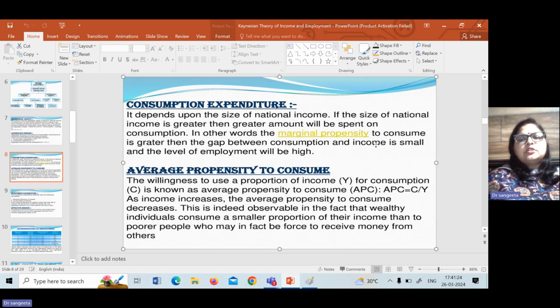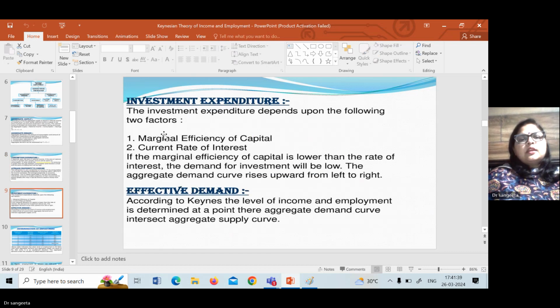In other words, consumers' propensity to consume and average propensity to consume. Here APC is average propensity to consume, which is C upon Y, consumption upon income level. And investment expenditure further depends upon two factors, marginal efficiency of capital and current rate of interest.